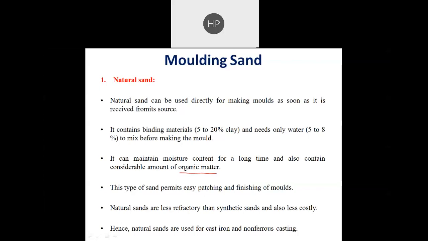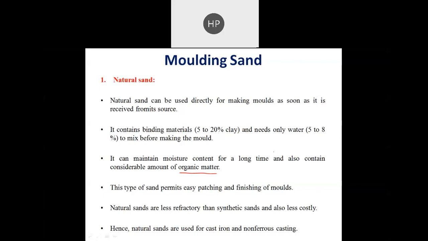And this type of sand permits easy patching and finishing of the mold. So during the molding process, we have to patch that sand all around the pattern, and in that case we get a good finished mold. And natural sands are less refractory than synthetic sands and also less costly.